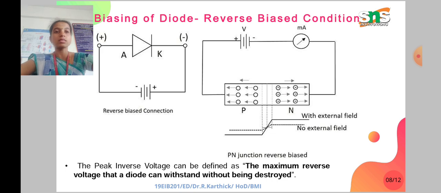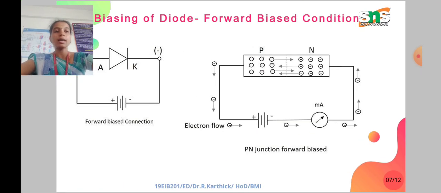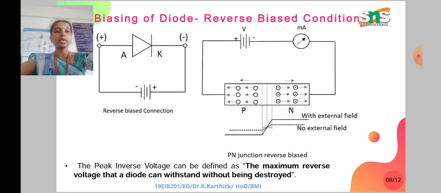This is the forward biasing condition, and this is the reverse biasing condition. In reverse biasing, we have a wider depletion region.